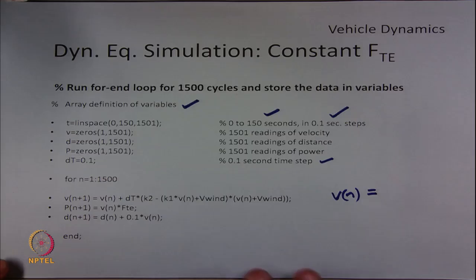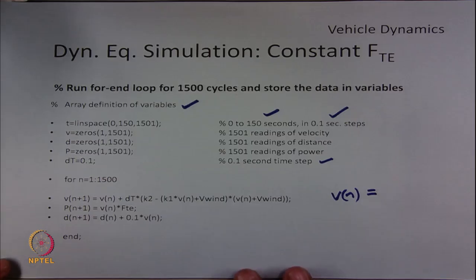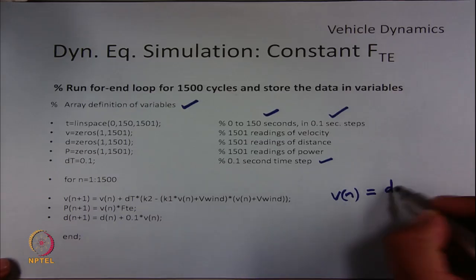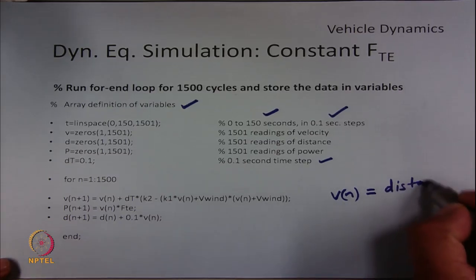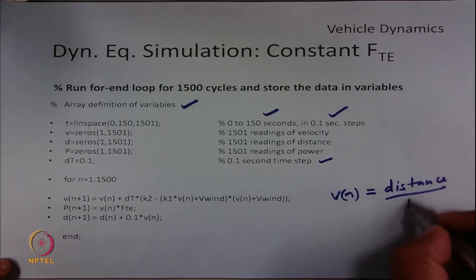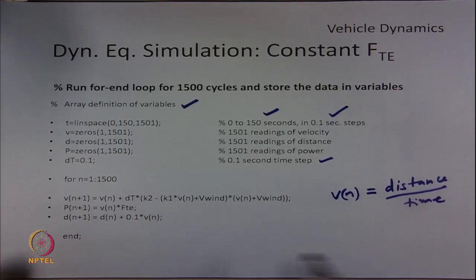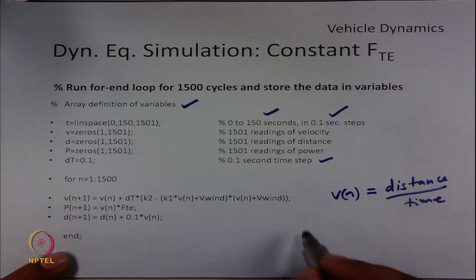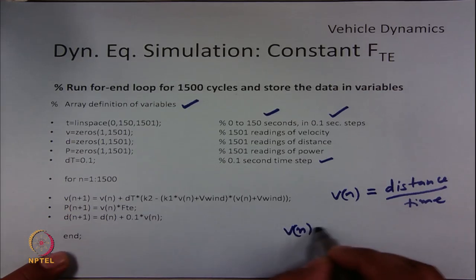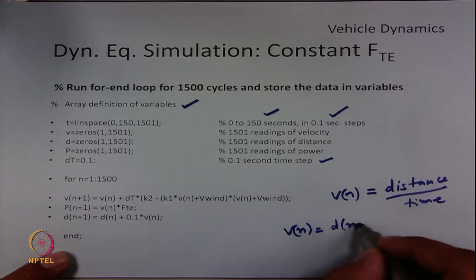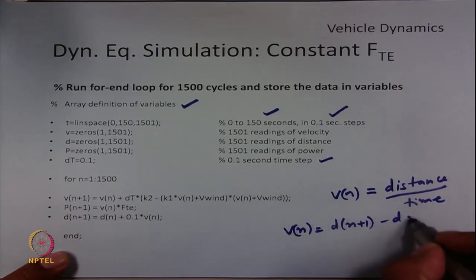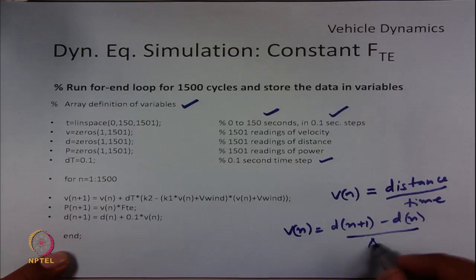So, since we know that velocity is distance by time, we can write V n equal to d n plus 1 minus d of n by delta t.